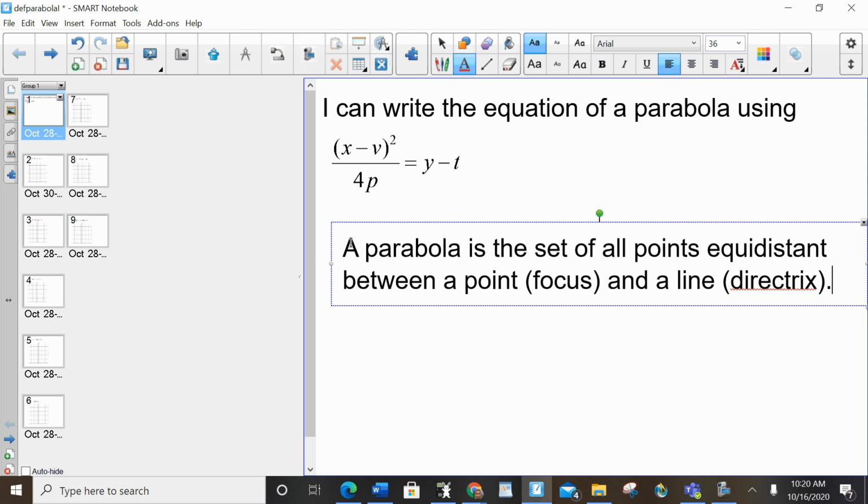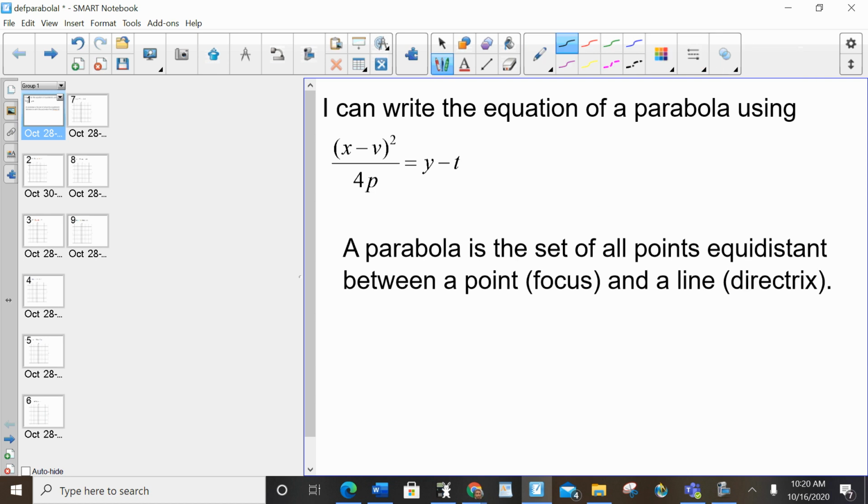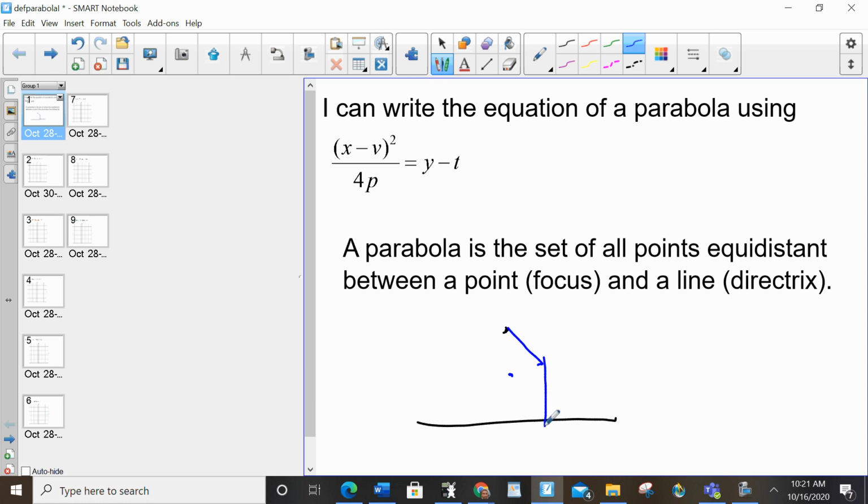So basically, if I have a line and a point, and I want to know every single point that is an equal distance between them, I would start with this, and then as I went out, I would kind of hook up, because this and this are the same, and of course this is approximate right now, and this is approximately the same distance, and what I'm going to end up with is something like that.